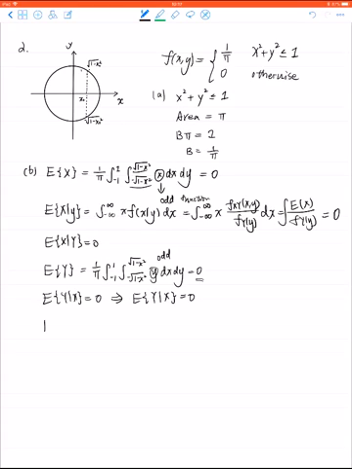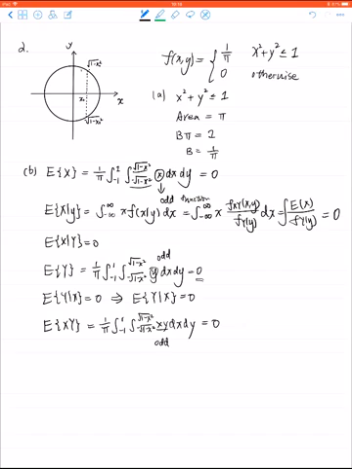Now we have to figure out the expectation of XY. E[XY] equals 1 divided by pi, integral from -1 to 1, from minus the square root to positive the square root, of xy dx dy. In this case, x times y is an odd function as well, and the integral lower bound and upper bound are symmetric as well, so the answer should be 0.